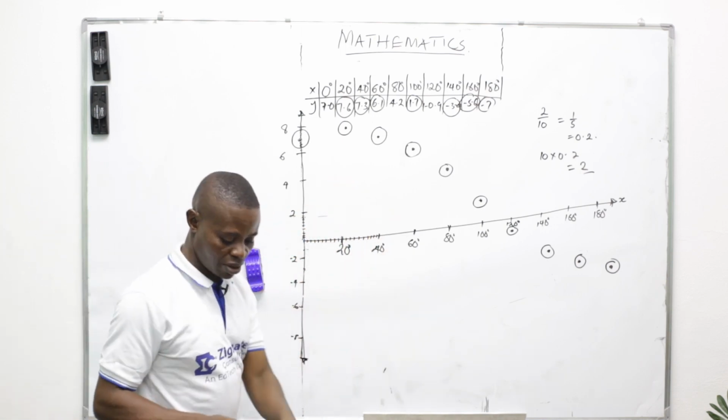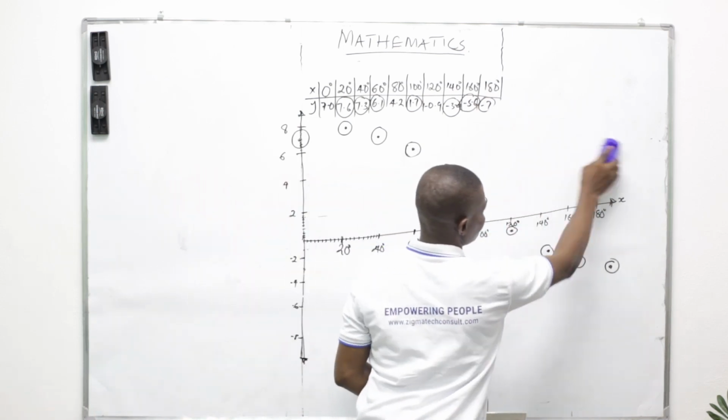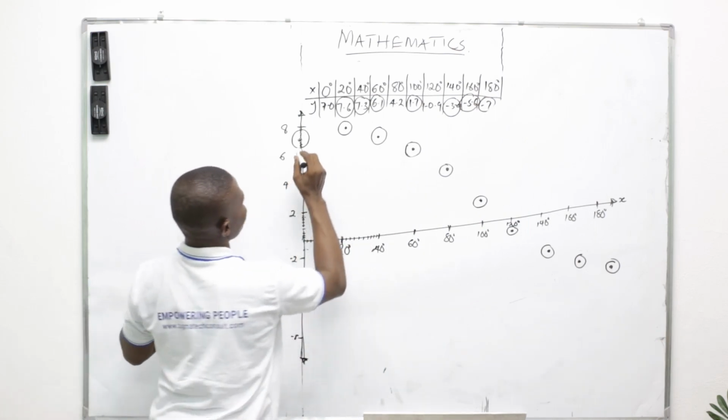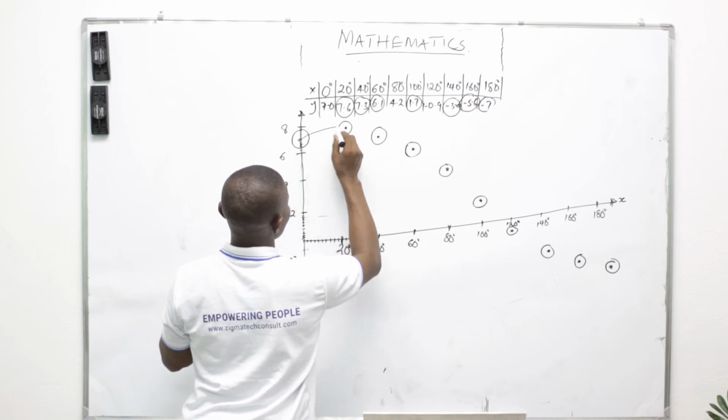Now, join your graph with the aid of what? A broomstick. With the help of a broomstick. Join all your points. Start. I'm using a free hand, but don't use free hand.